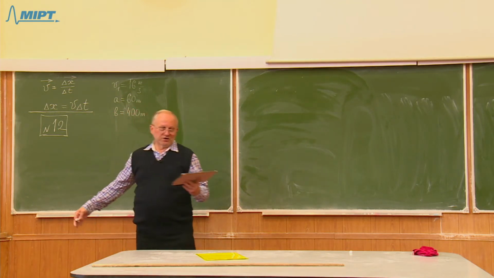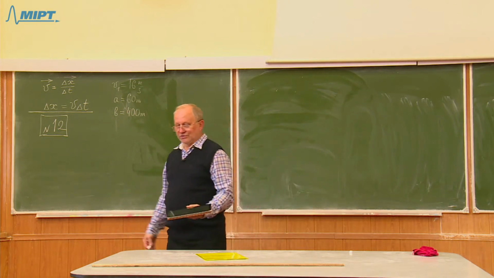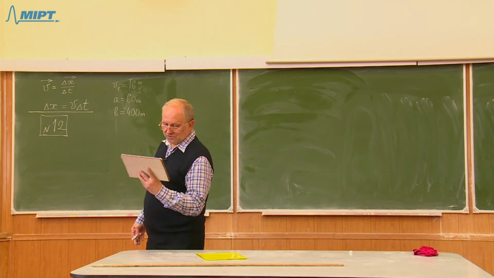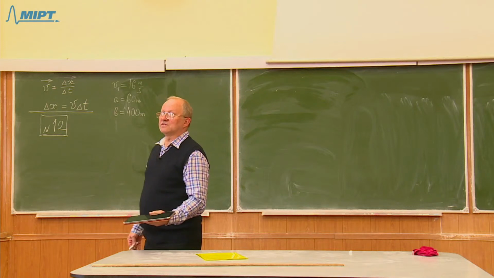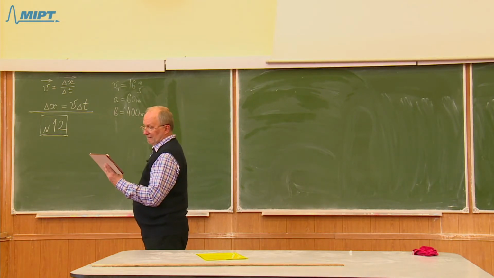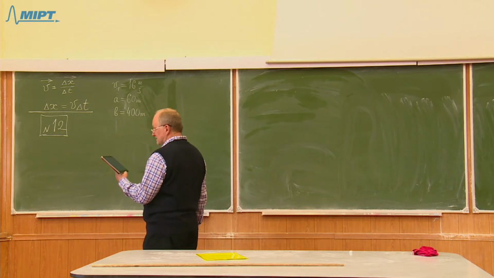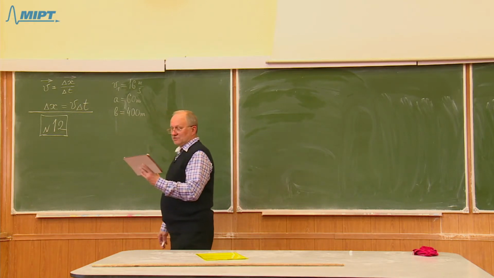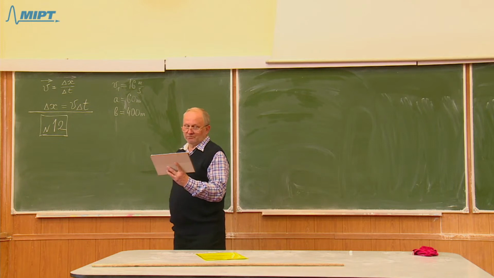So I told you in the very beginning that the first step in solution of any problem is to clarify the statement. The first step is to understand the statement of the problem.